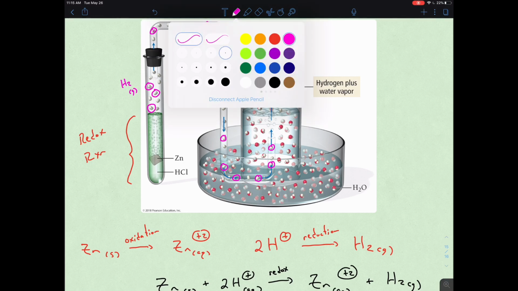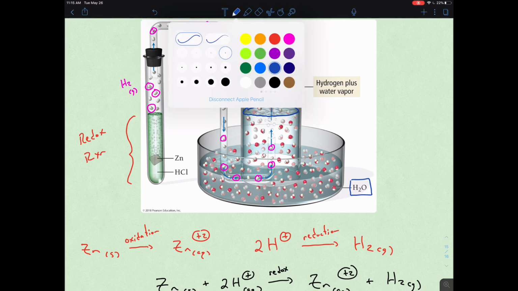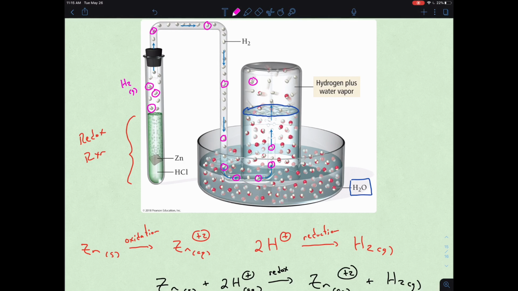And so we can see here we have H2O solution that's below, and then as we produce more and more of the hydrogen gas, we are now trapping the hydrogen, or we are collecting the gas over water, right? And so that's where that name of the experiment comes into play, because that's what we're actually doing. It's collecting gas over water.